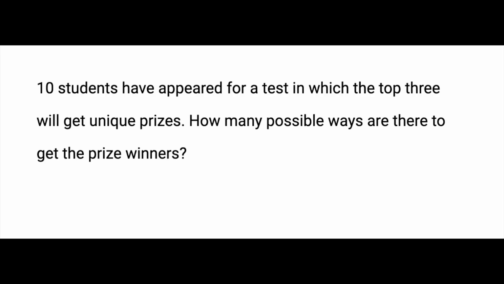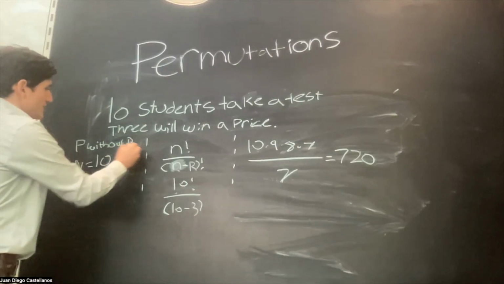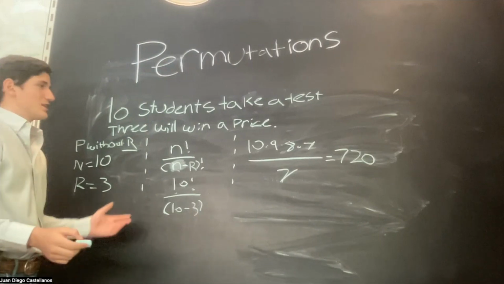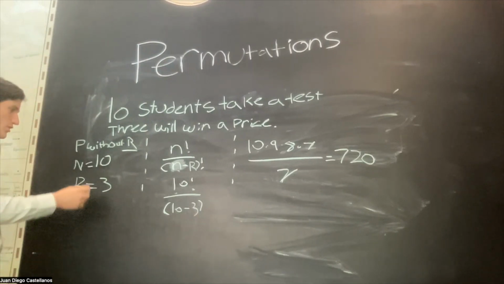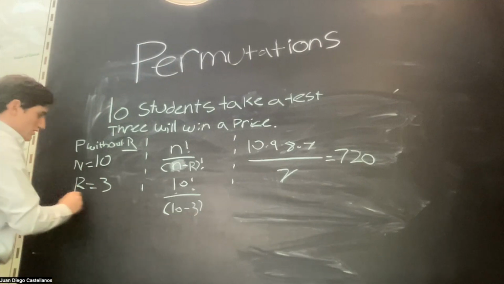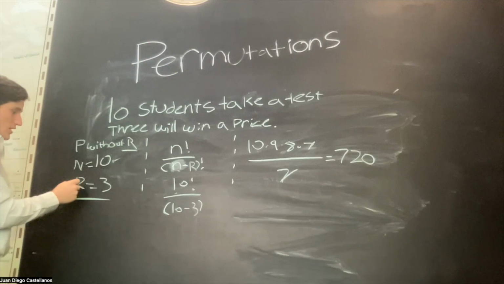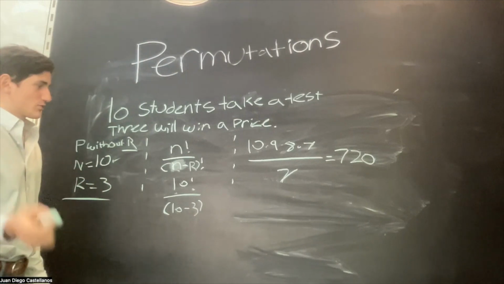Now we're going to solve some permutation word problems. So this problem says 10 students take a test and 3 will win a prize. So this is a permutation without repetition, because it's not saying that it has repetition. And we're going to do a 3-column work. So in this column, we're going to say that n equals 10, the total number of students, and r equals 3, the ones that will get the prize.